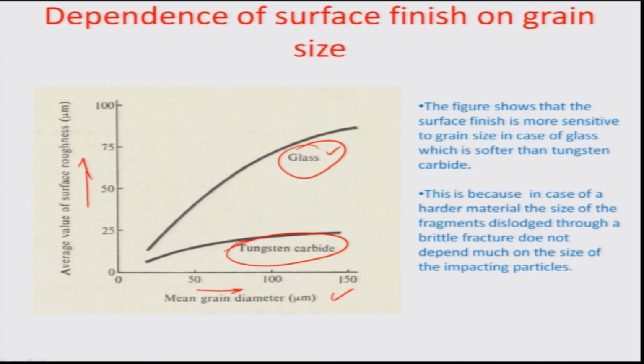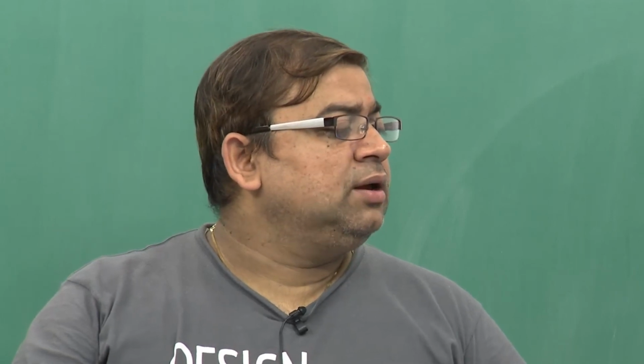So let us now look at some instances of numerical problems and try to see how we can find out the material removal rate, or how we can determine the percentage change in the machining time for a USM operation.